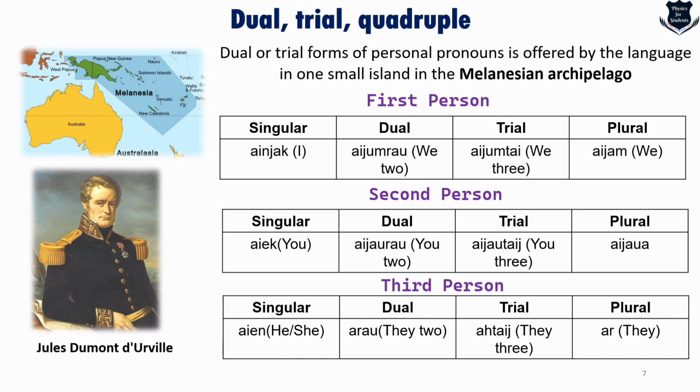The importance of the Melanesian language or the Melanesian archipelago is that this is actually used in terms of counting. So if we trace back the genesis of counting, first what we find is the Austronesian language and the dual and the trial forms. As you can see, 1, then we have the dual, then the trial, and then the plural. Now there are many languages which contain the singular, dual, and plural, but not many languages have the trial.